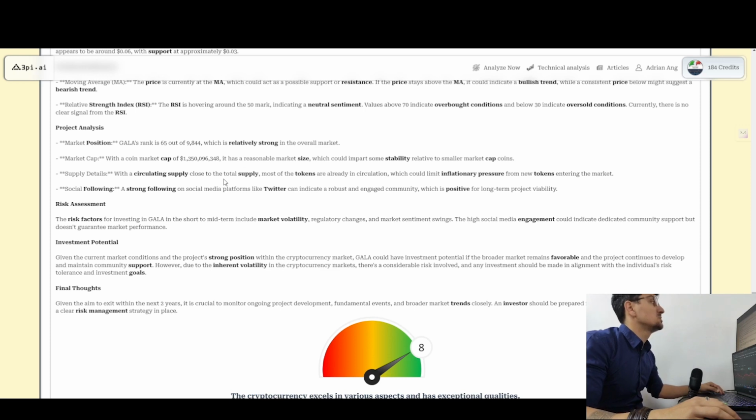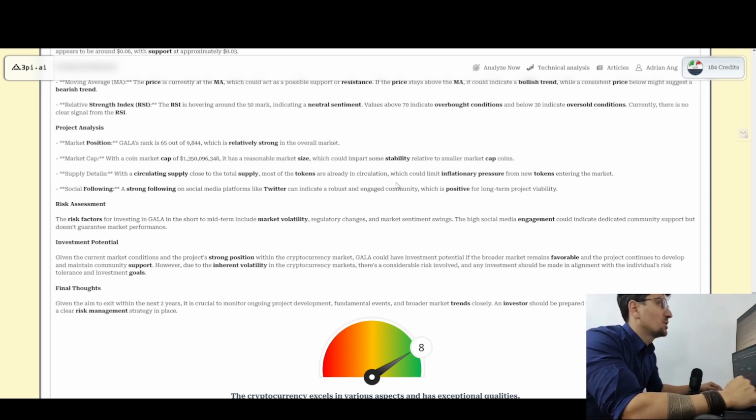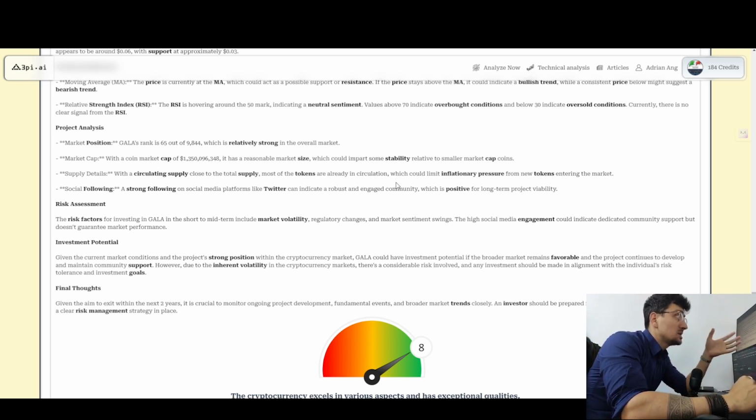With a circulating supply close to the total supply, most of the tokens are already in circulation, which could limit inflationary pressure from new tokens entering the market. Social following. A strong following on social media platforms like Twitter can indicate a robust and engaged community, which is positive for long-term project viability.